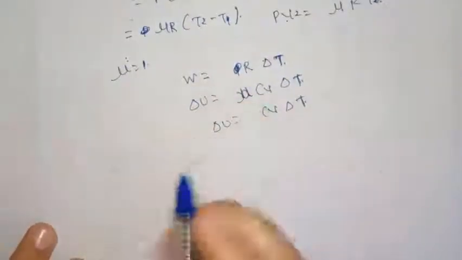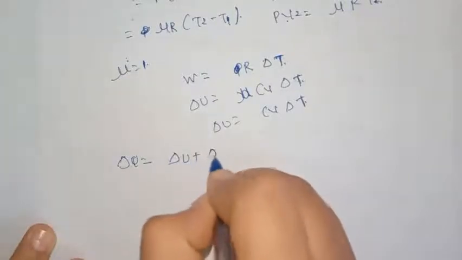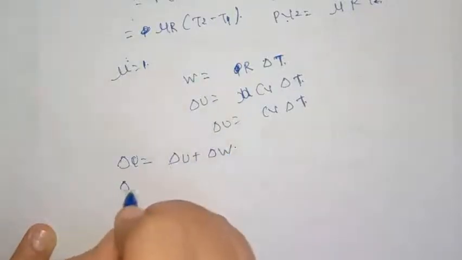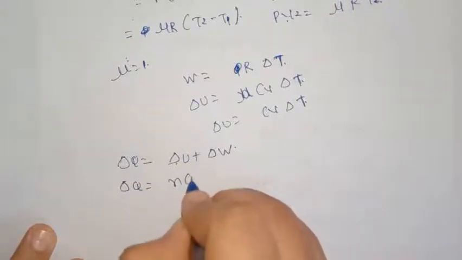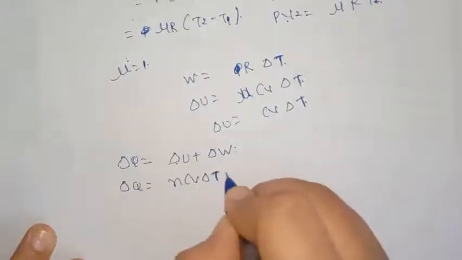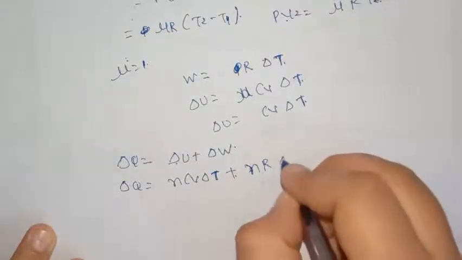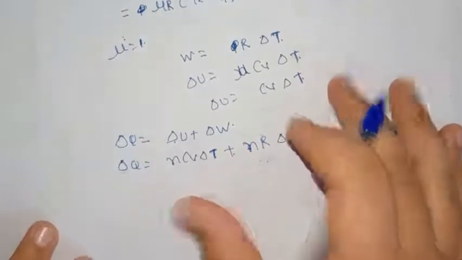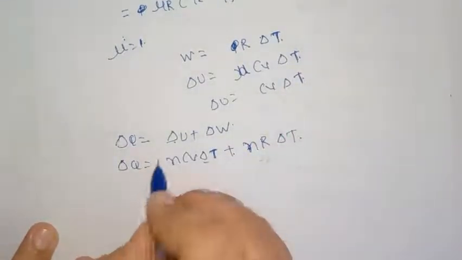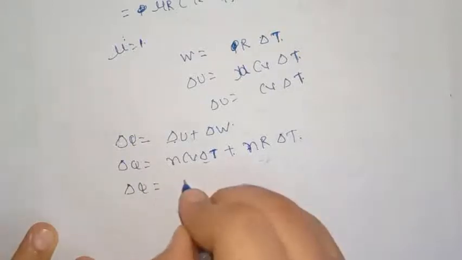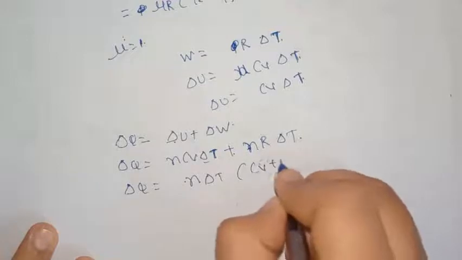From the first law of thermodynamics, delta Q is given by delta U plus delta W. So delta Q will be, delta U is nCv delta T and delta W is nR delta T. Taking delta T and n common, delta Q can be written as n delta T into (Cv plus R).